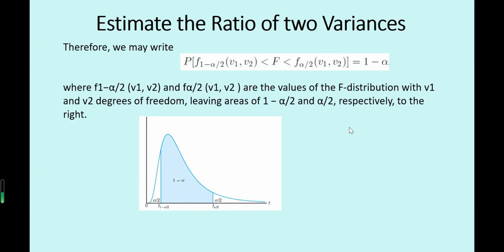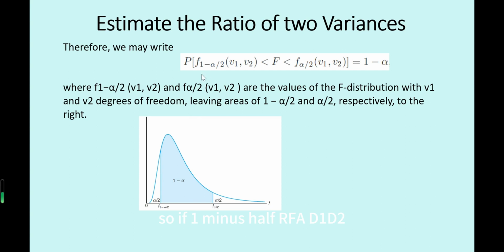So we can write the probability of F between these two F distribution critical values is 1 minus alpha. For example, alpha is 0.05, so 1 minus alpha is 0.95. If we look at this F density curve, this shaded area represents the 95% probability.